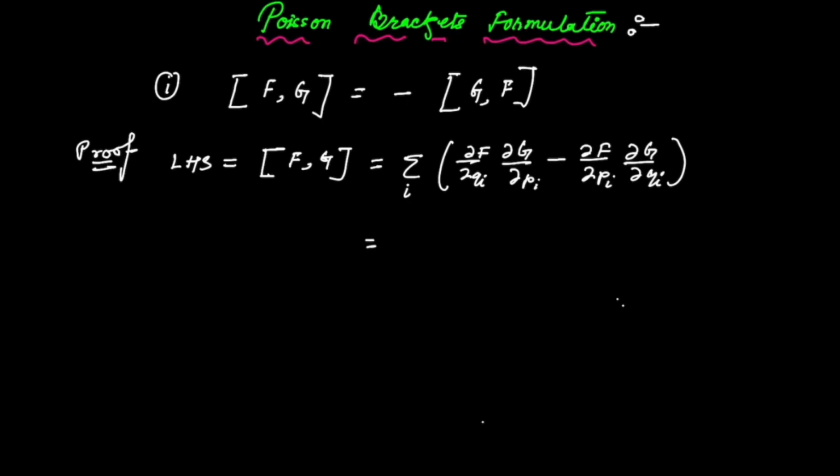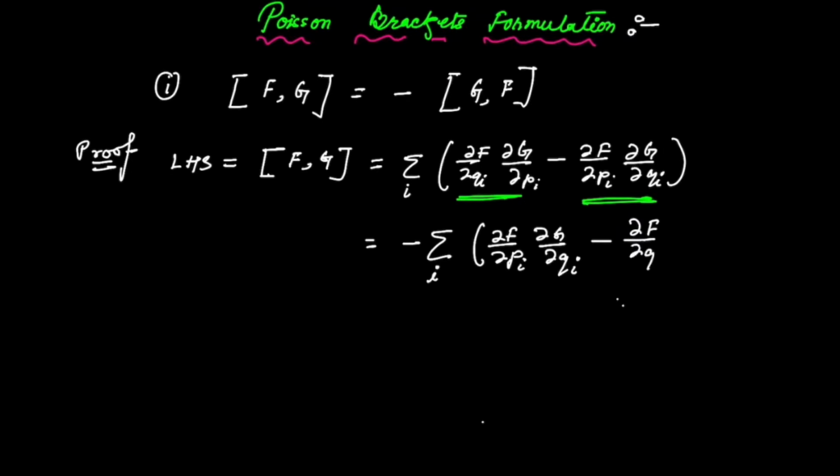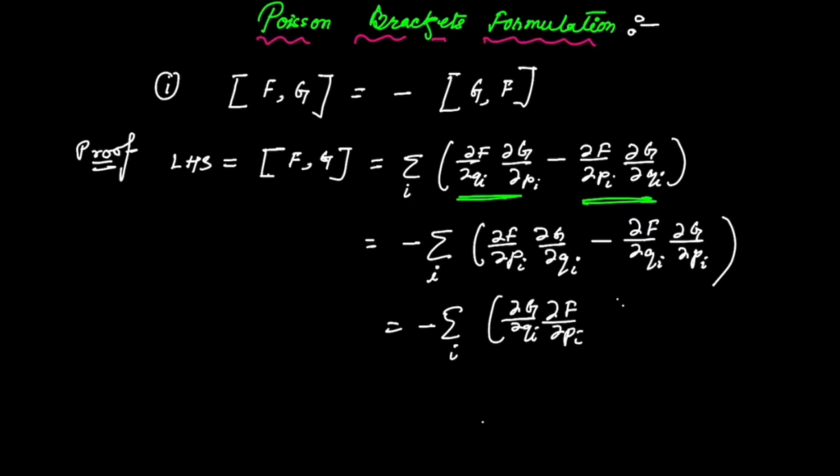Now if you take the minus sign common, then this term is going to be positive and this one negative, so we can write minus summation of del g by del q_i del f by del p_i minus del g by del p_i del f by del q_i.